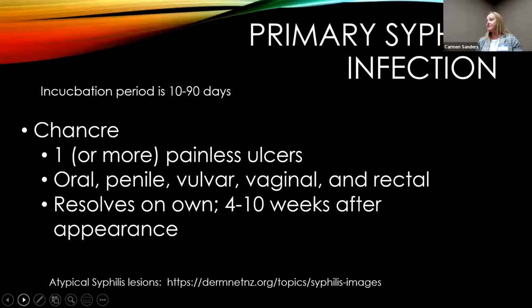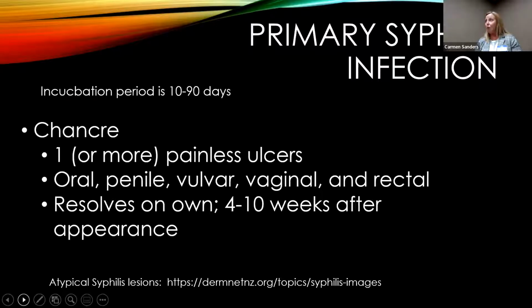So we'll start off with obviously primary syphilis infection, the incubation period. So the time from when you're exposed to syphilis to the time where you may develop a chancre can be anywhere from 10 to 90 days. It's a big incubation period. A presentation is with a chancre, which is a small painless ulcer, and that can be anywhere on the body that has been exposed.